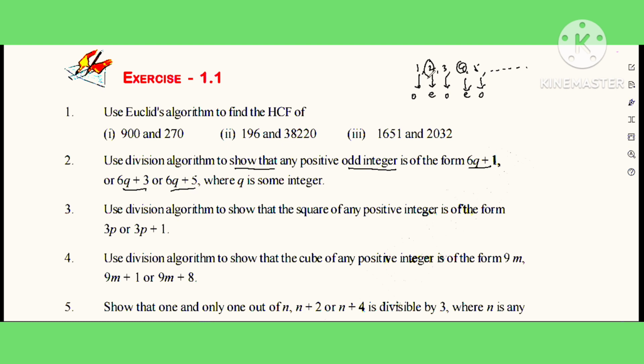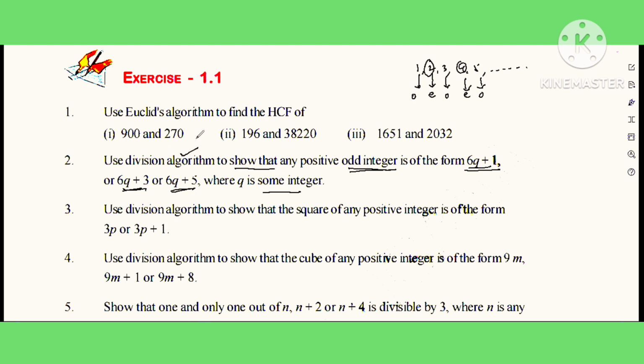So we have to prove that a positive odd integer is of the form either 6q plus 1 or 6q plus 3 or 6q plus 5, where q is some integer. For proving this we use the division algorithm.